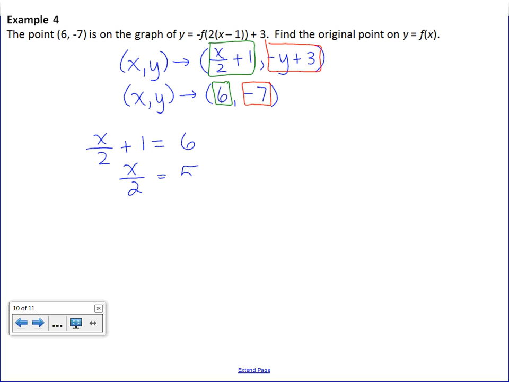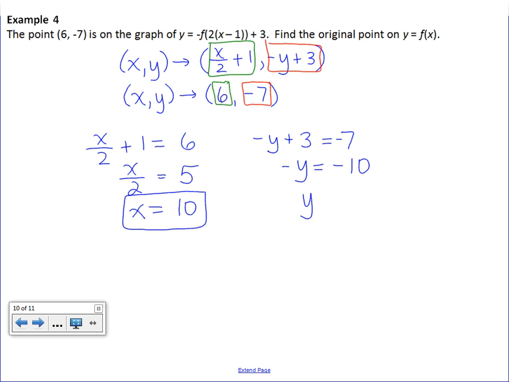Subtract 1, and then you're going to do what? Multiply by 2. Make sense? So for y, instead of adding 3, you're going to do subtracting 3, and then you're going to divide by negative 1, and you get.